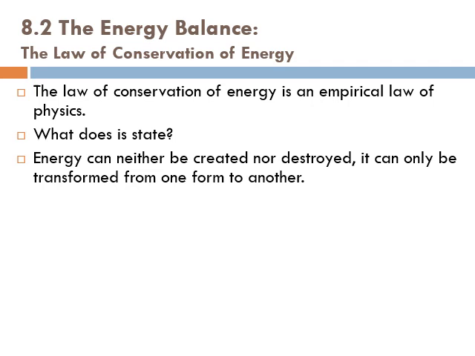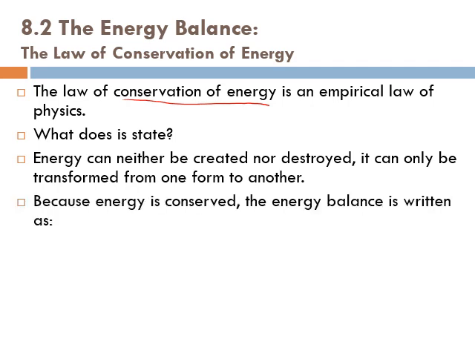So because energy is conserved, that means any quantity which is conserved cannot be created nor destroyed, right? So the same applies to energy. Energy can neither be created nor destroyed. It can only be transformed from one form to another. Because energy is conserved, the energy balance is written as accumulation equal input minus output.